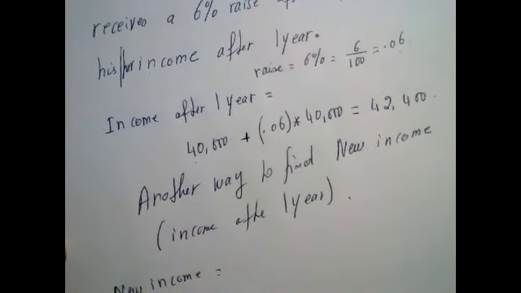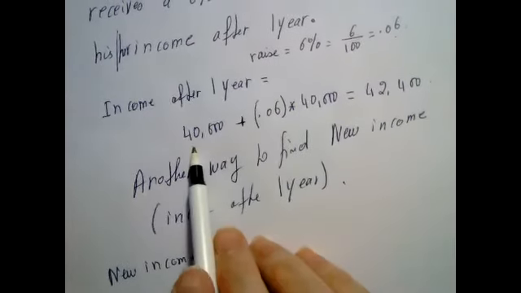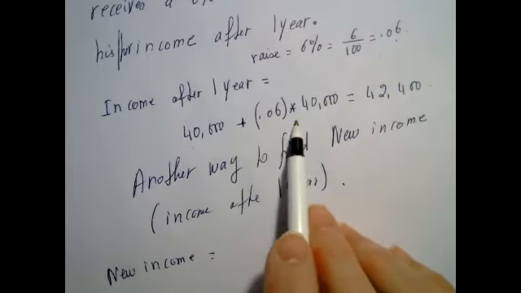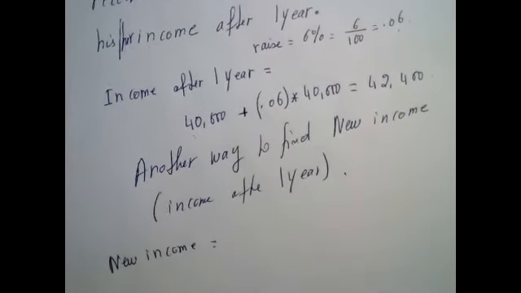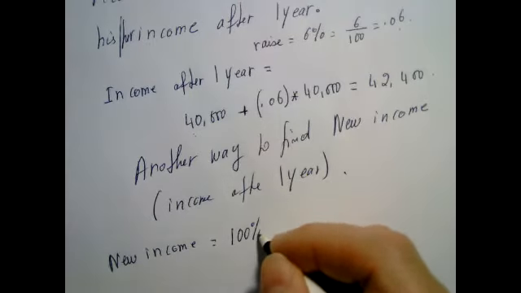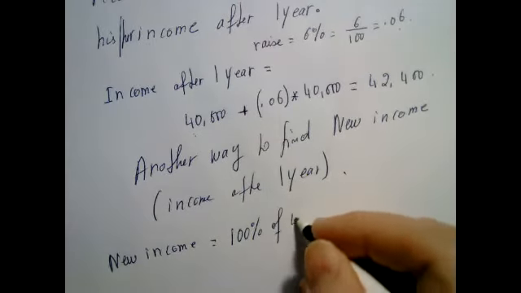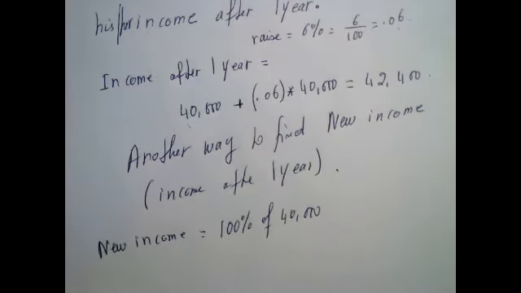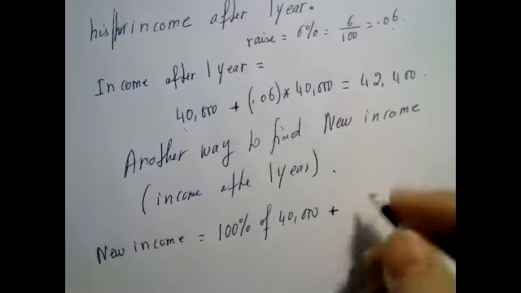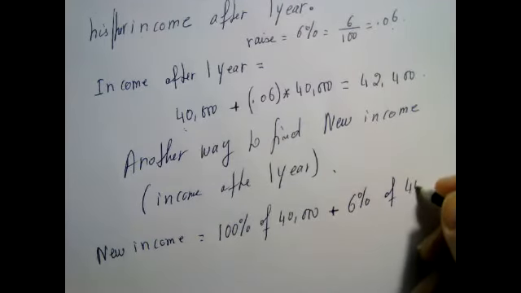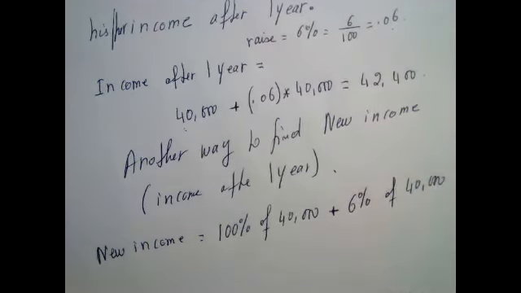And now listen to me very carefully. It's his old income plus 6% of his old income. So watch how I'm gonna write this. It's his old income, it means 100% of his old income plus 6% of 40,000. That's his new income.